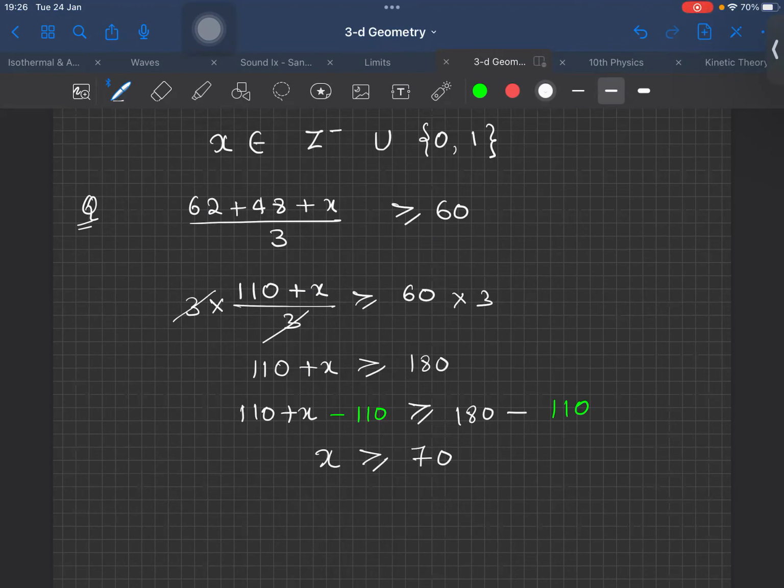Now in exercise 6.1, we have all similar types of problems. I know you guys have already done this because you have had an exam of this chapter in your school.